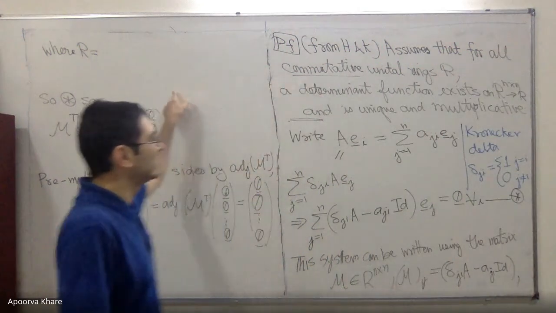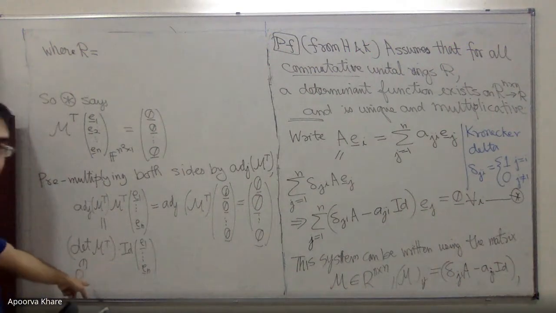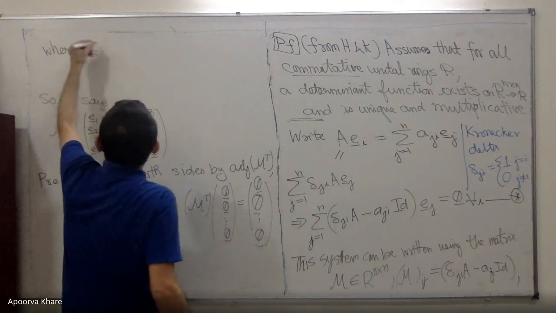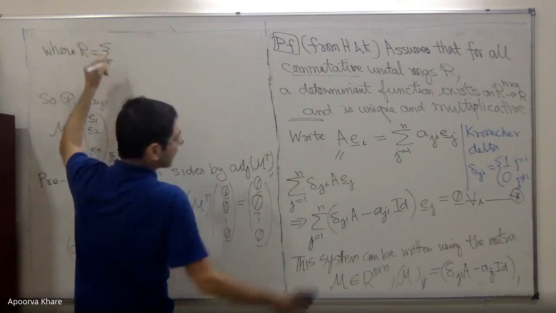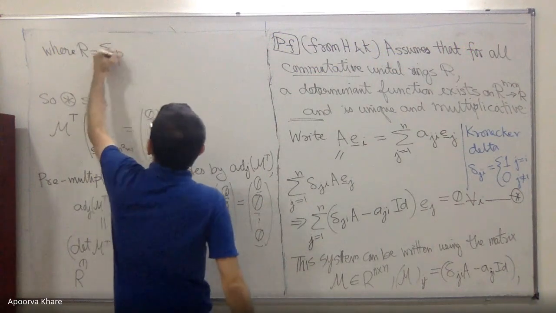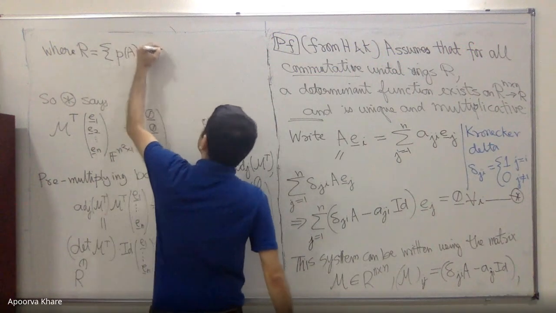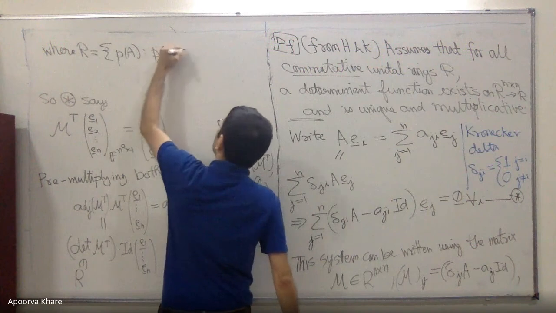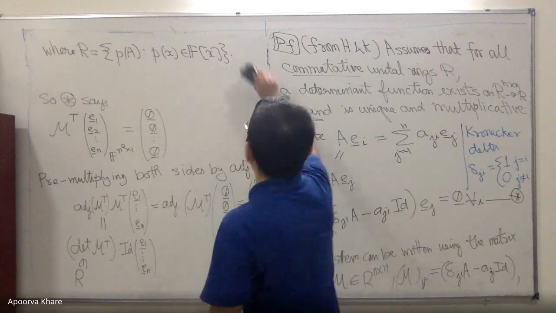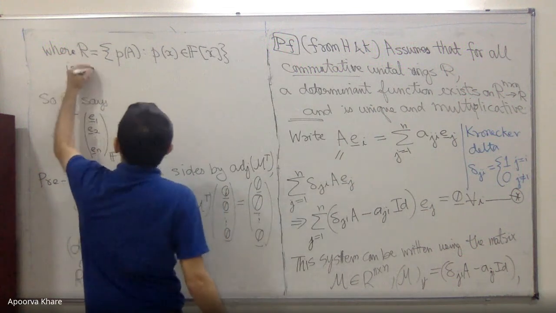So this is where you need the assumption. You need the ring to be commutative, otherwise how is the determinant defined? We don't know that. When R equals, so I just look at all the polynomials in A. That's a ring, right? So P of A, where P of X belongs to F[x]. R is a commutative subring.